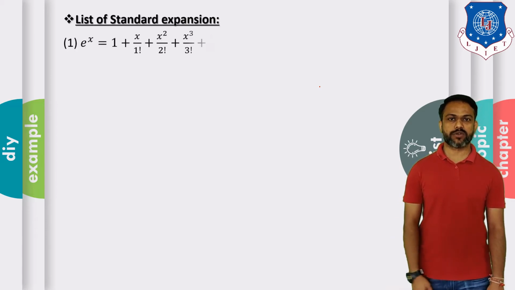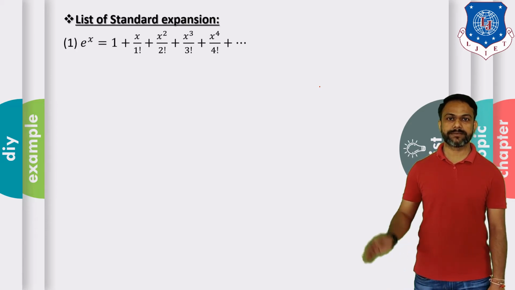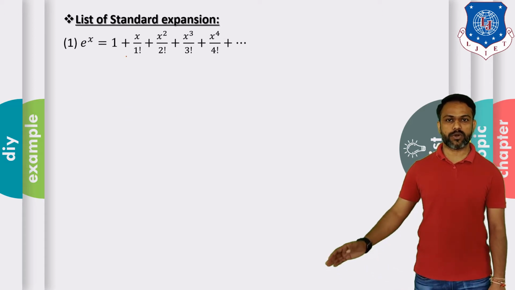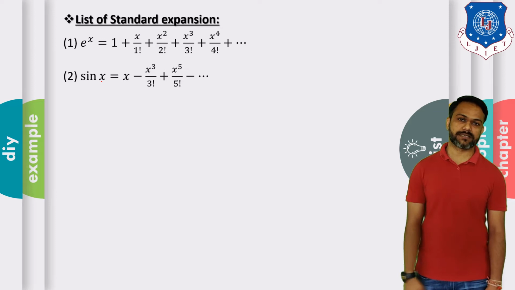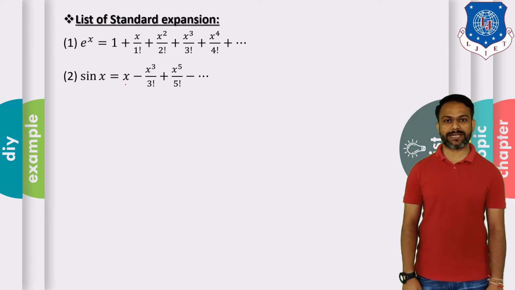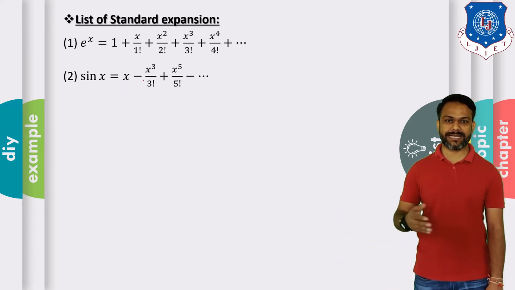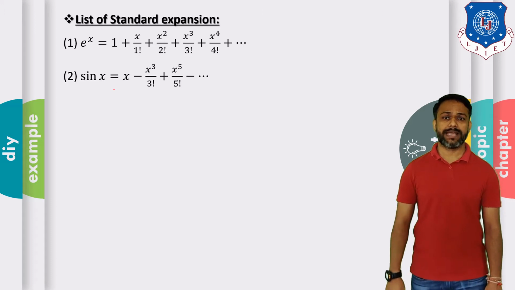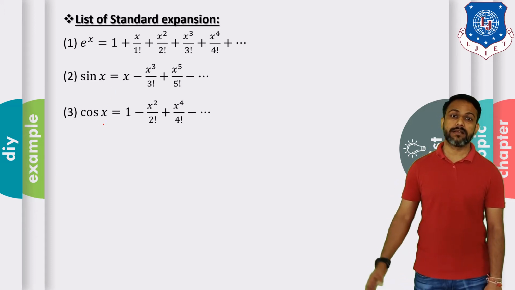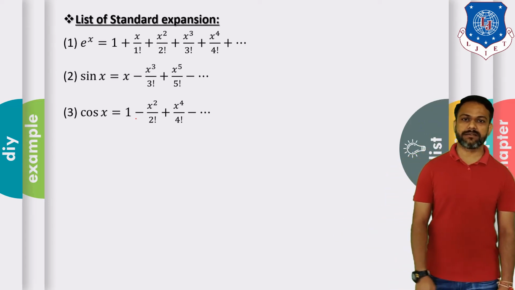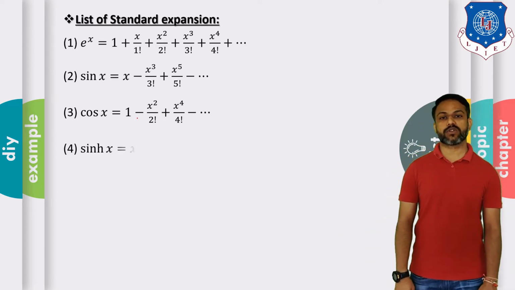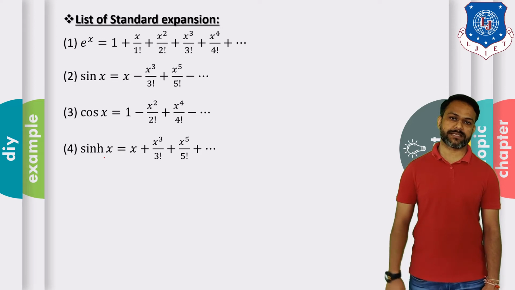First, expansion of e raised to x, we know that it has powers of x with all terms positive. Second, we have expansion of sin x with odd powers of x and alternate signs. Third, we have expansion of cos x, even powers of x and alternate signs. Fourth, we have expansion of sine hyperbolic x.